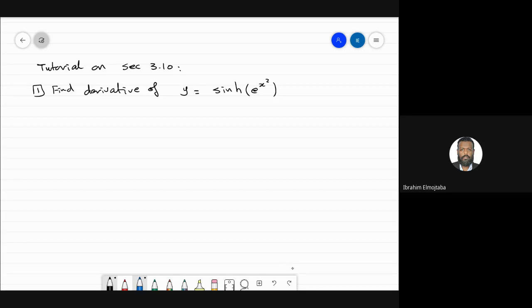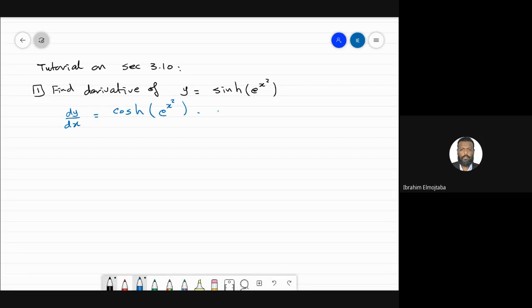To find the derivative, dy over dx will be, as you can see, this is the hyperbolic sine of some function. The derivative will be hyperbolic cosine of the function, which is e to the power x squared. Then we multiply by the derivative of what is inside, and what is inside is e to the power x squared.